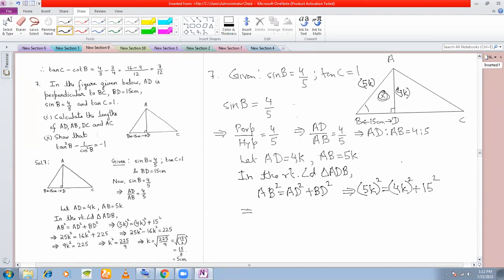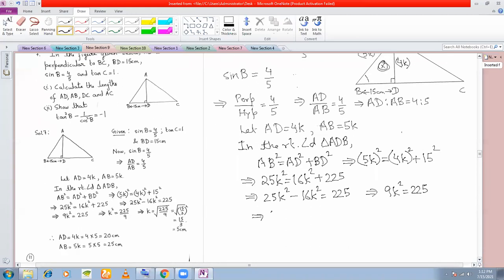So this is an equation we are getting in K. We can find the value of K. 25K square is equal to 16K square plus 225. That means 25K square minus 16K square is equal to 225. That means 9K square is equal to 225.